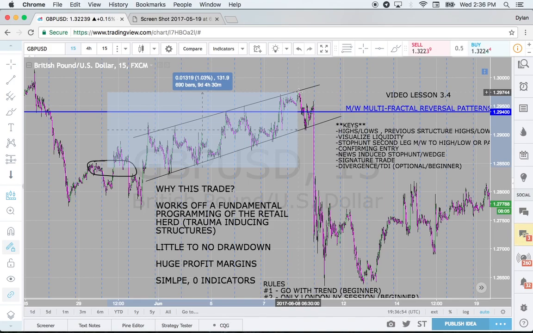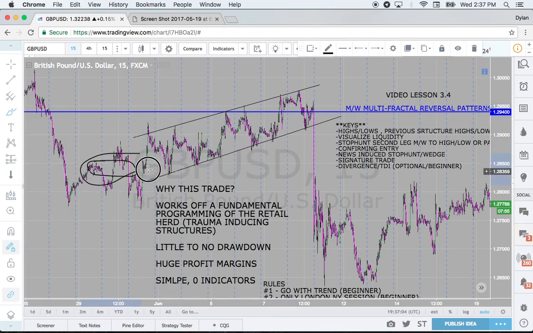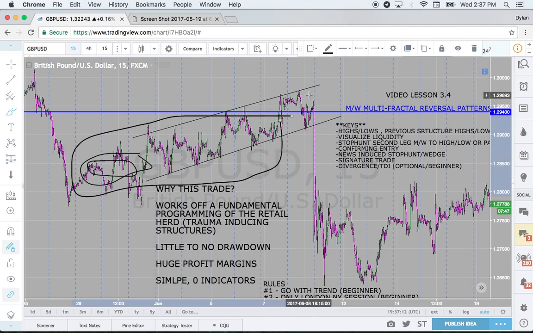What is the retail trader thinking? The buyer, and not even this buyer, but all of these buyers that bought anywhere in this area, or even here, these poor guys, what are they experiencing?